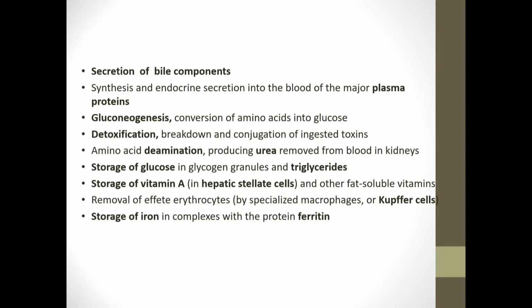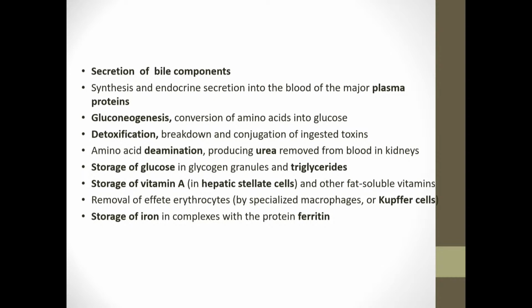Then, synthesis and endocrine secretion into the blood of the major plasma proteins. This is the endocrine function of the liver. Then, gluconeogenesis, the conversion of amino acids into glucose. Detoxification, the breakdown and conjugation of ingested toxins.